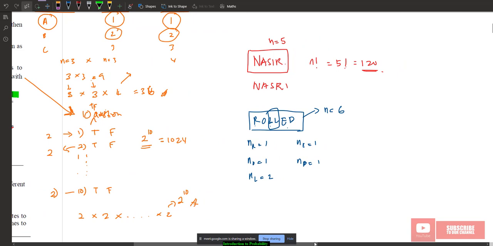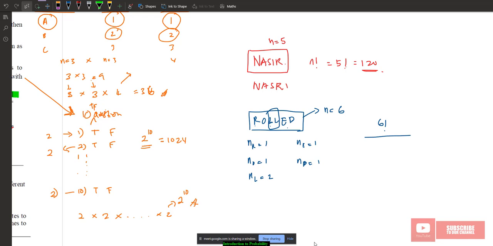So the number of all possible outcomes is 6 factorial divided by the number of R, which is 1 factorial, the number of O also multiplied with 1 factorial, and the third one is for L, which is 2 factorial, multiplied with 1 factorial, 1 factorial, right? If you need to know, 1 factorial is also equal to 1, right? So this formula can be simplified to 6 factorial divided by 2 factorial, right?